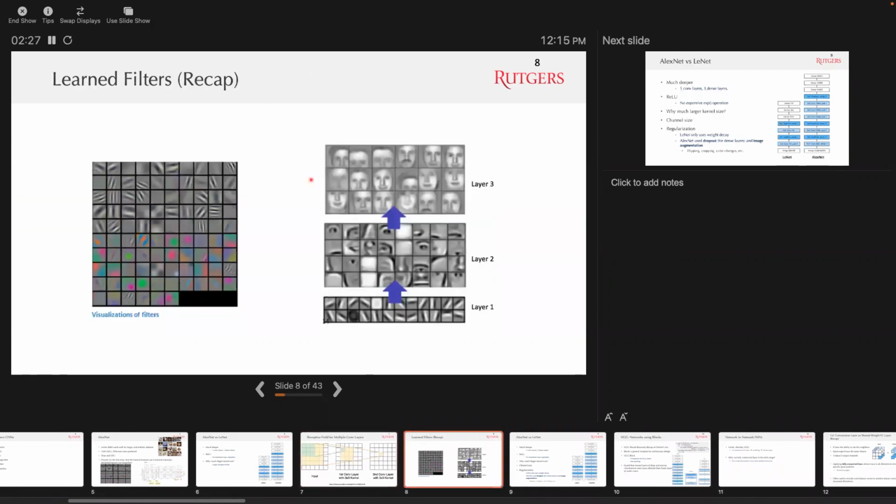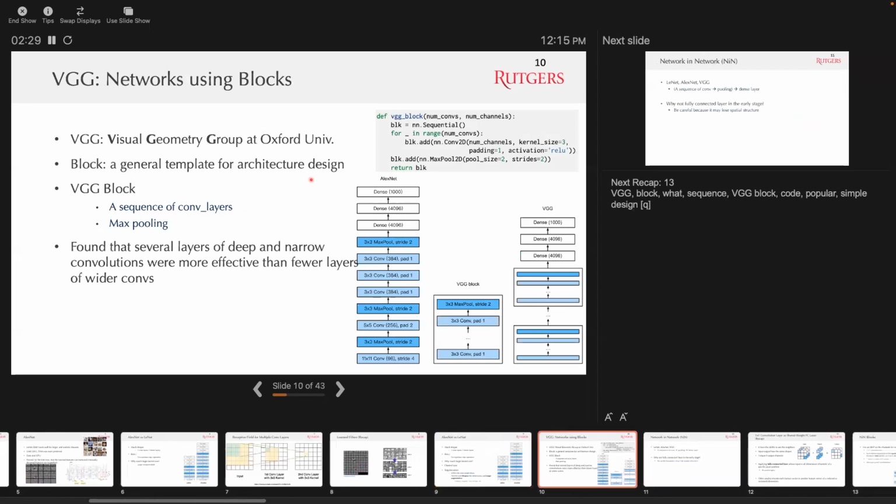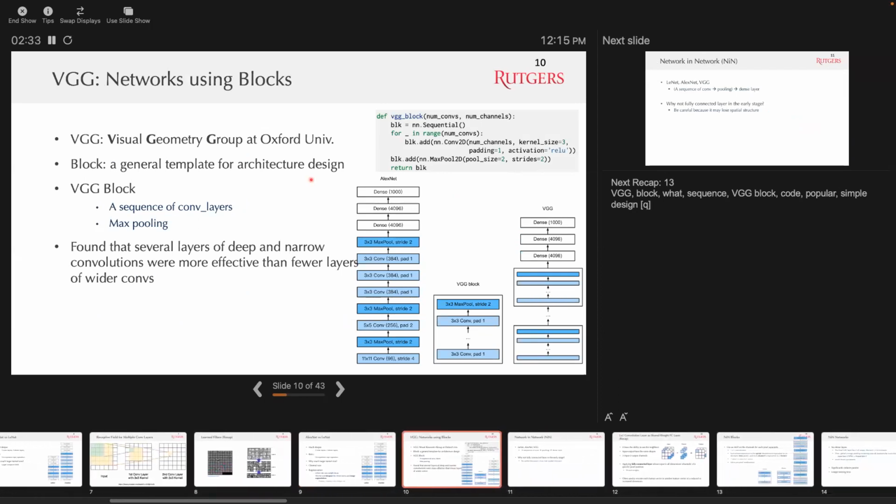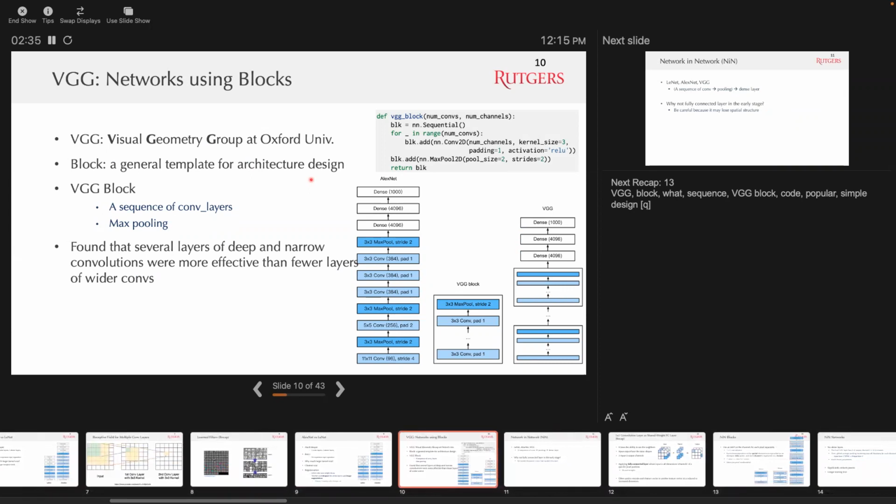Then we also talked about different versions of modern CNNs. The one that comes after AlexNet is VGGNet. VGGNet replaced a very large kernel in the first few layers with smaller kernels, but with more layers.